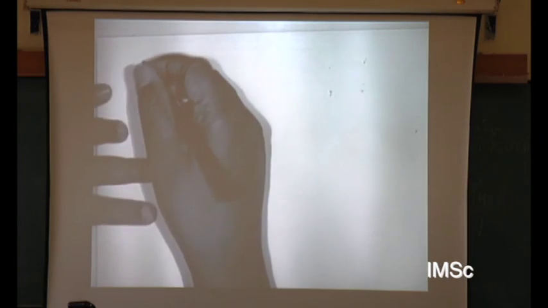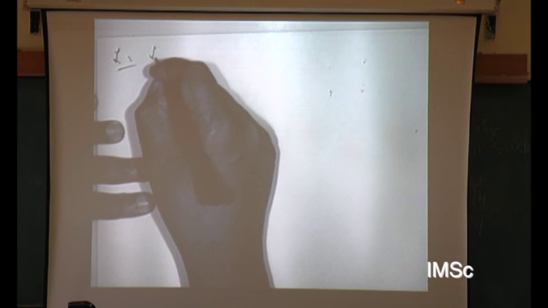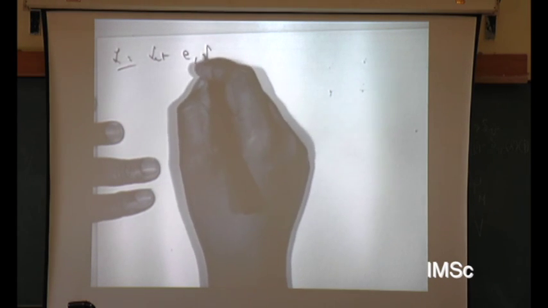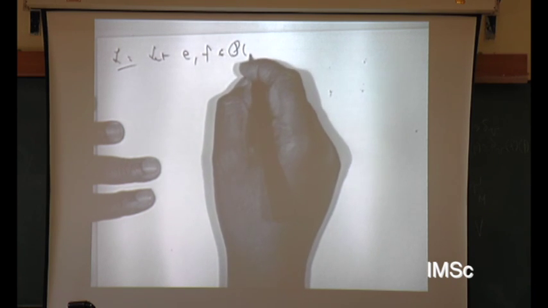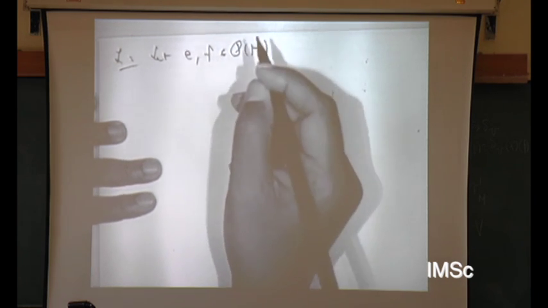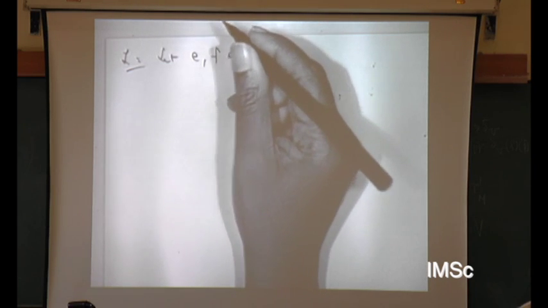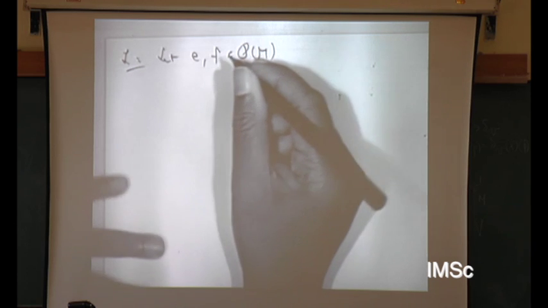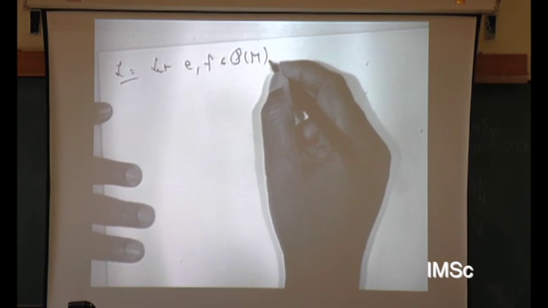Okay. So here is a silly little lemma. Let E, F be in P of M. For this, you can take M as B of H. It doesn't matter. Take any two projections.